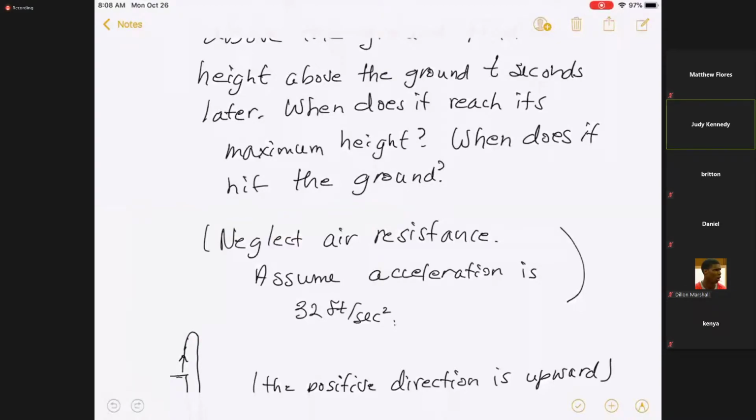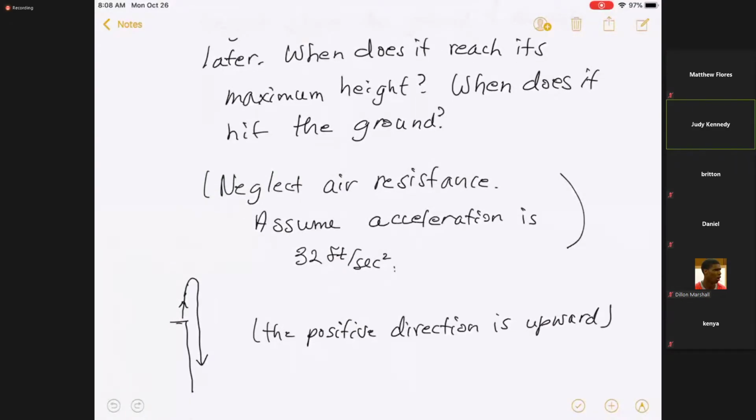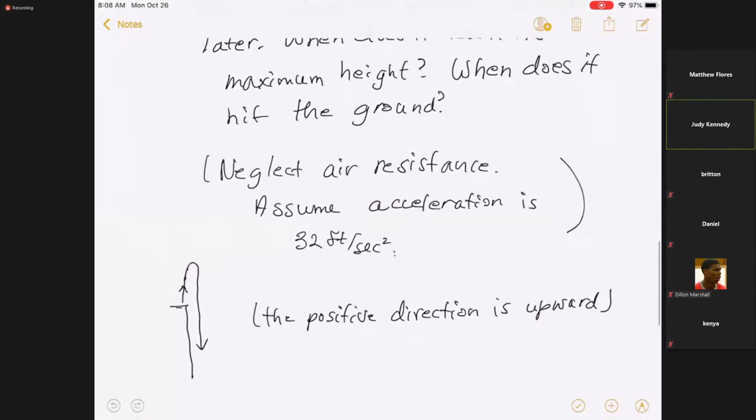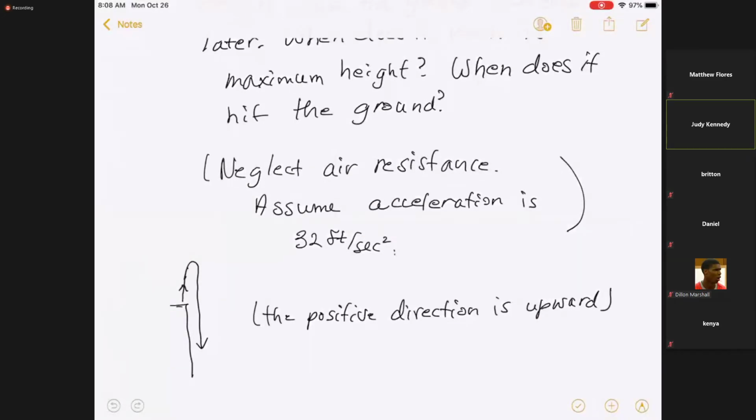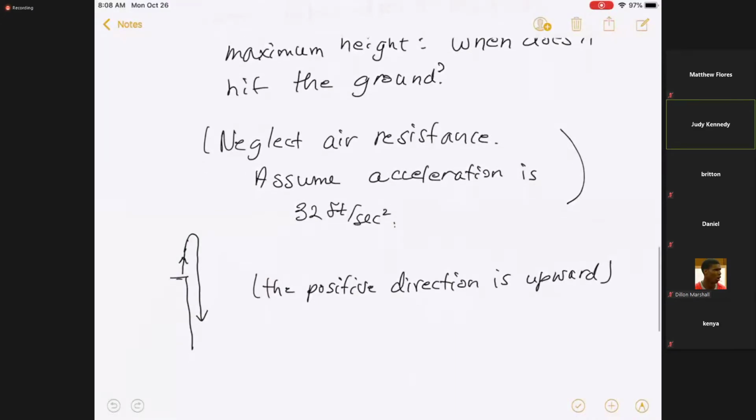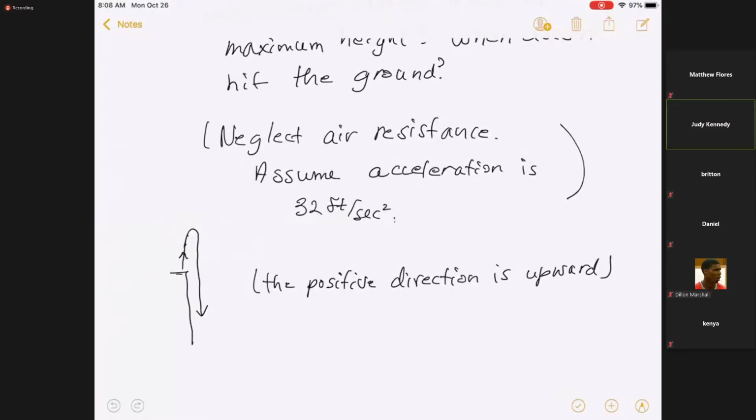And well, there's another assumption here. We have to pick out a coordinate system, basically. We're going to assume that the positive direction is up, and the negative direction is when you're falling towards the ground. Okay.